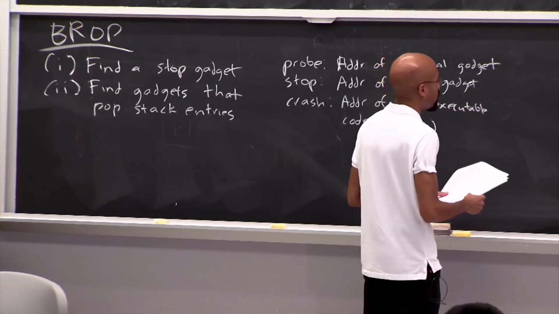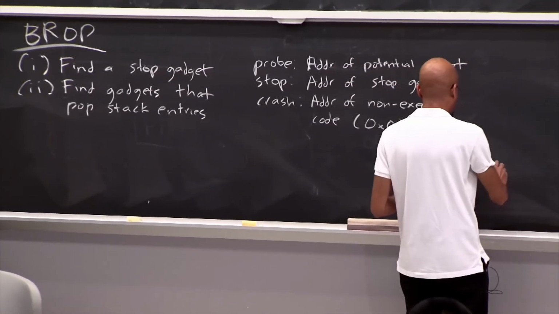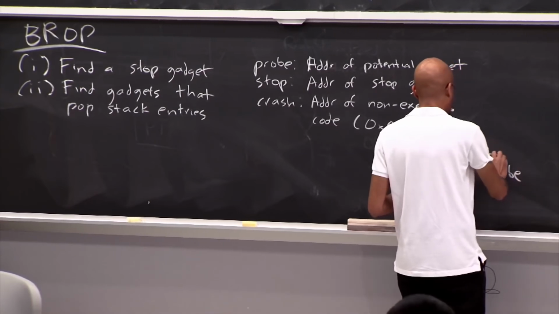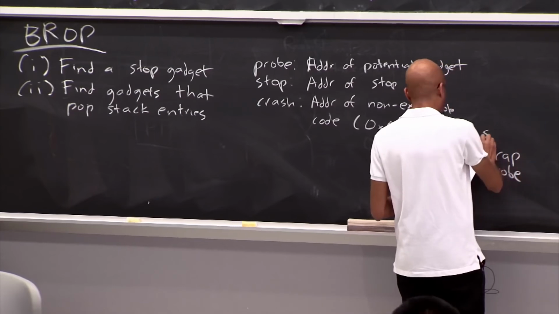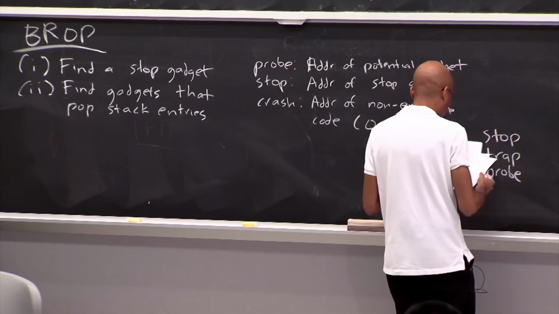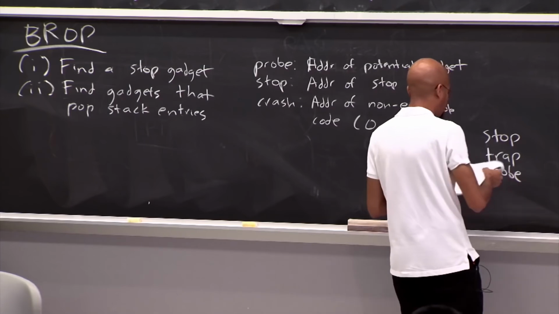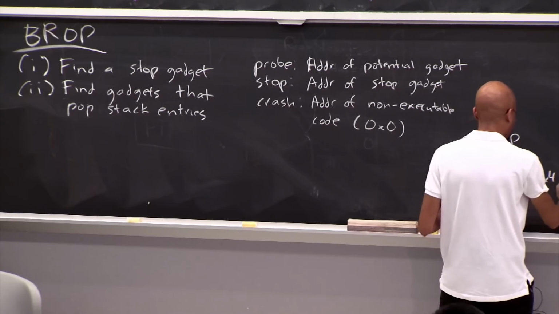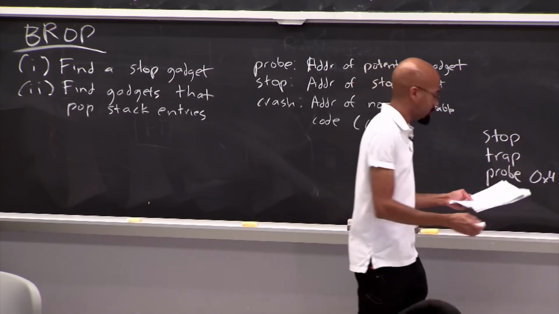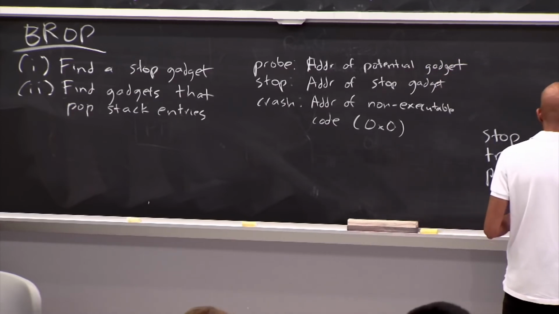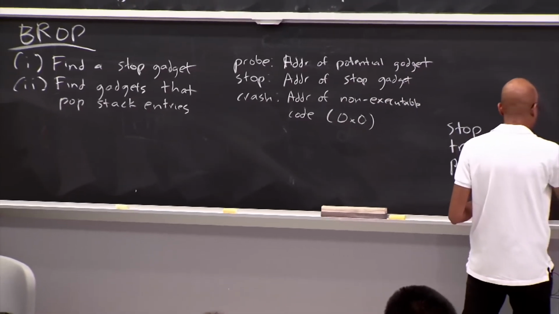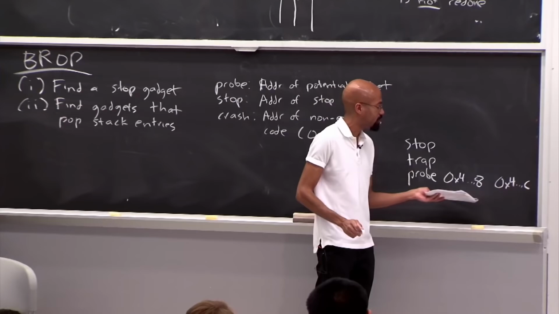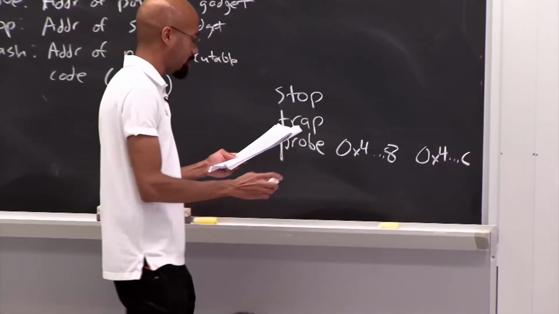So let's write this over here. So let's say we have these two different examples of a probe, a trap, and then a stop. Right? So let's assume that we have down here, we're going to probe at some address. Doesn't really matter. Starts at a 4, ends in an 8. Over here, let's say that we look at the address that starts in a 4, ends in a C. So we're hypothesizing that maybe one of these two addresses is going to be one of these stack popping gadgets.